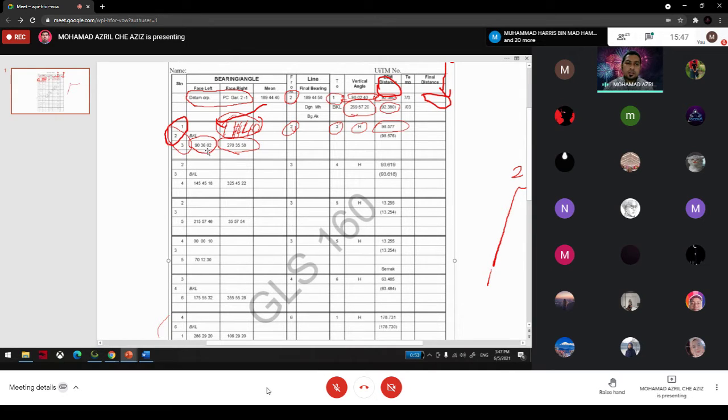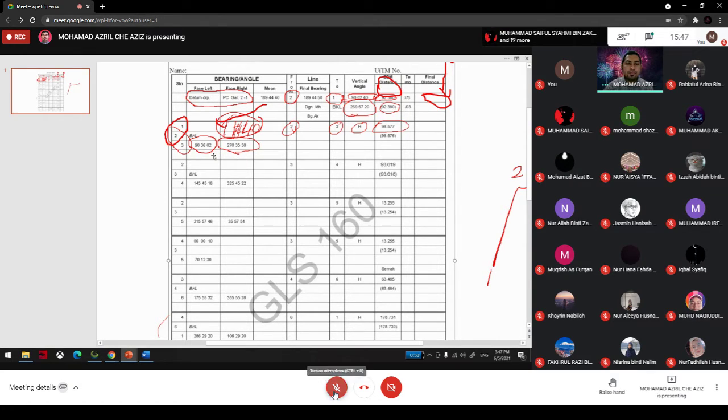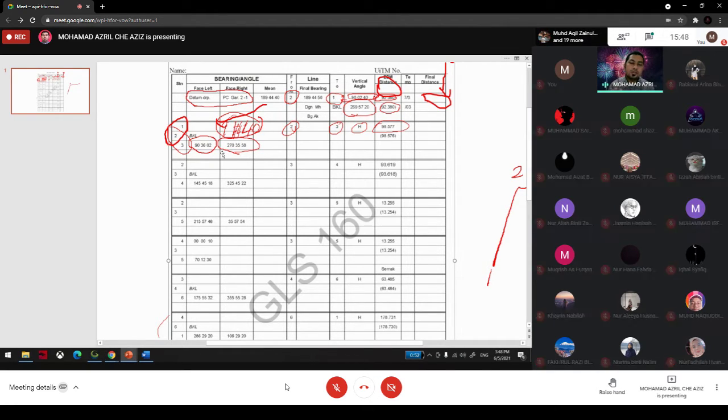This one 36:02 seconds, this one 35:58 seconds. So what is the difference here? 4 seconds, which is within 20 seconds. So you can write it. Or if you already wrote it, please check.